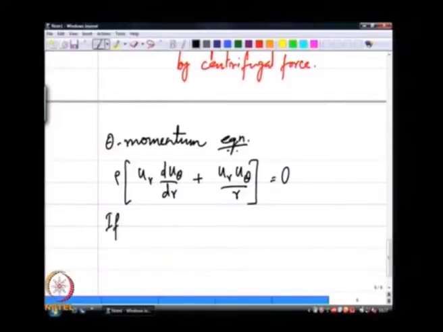Again, if u r is equal to 0, like for the container, all you get is an identity.